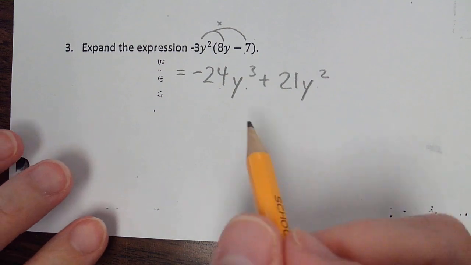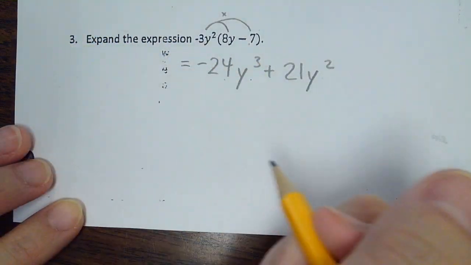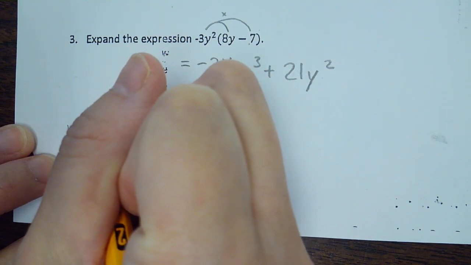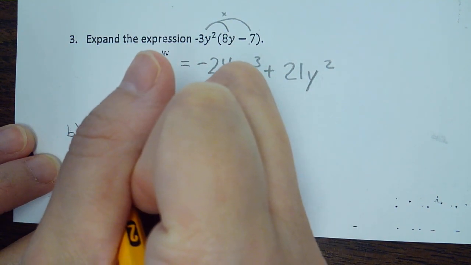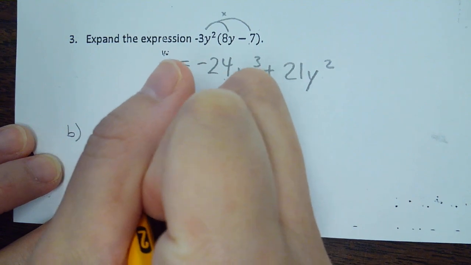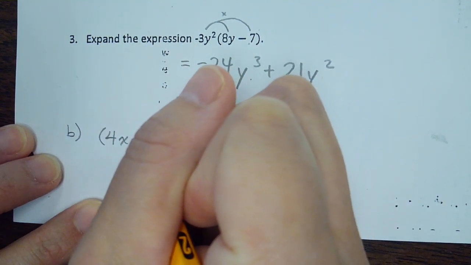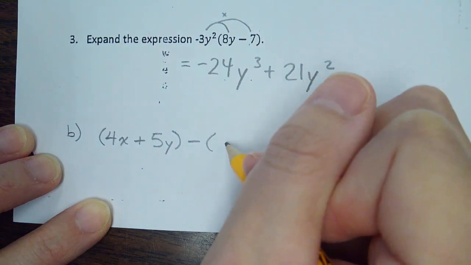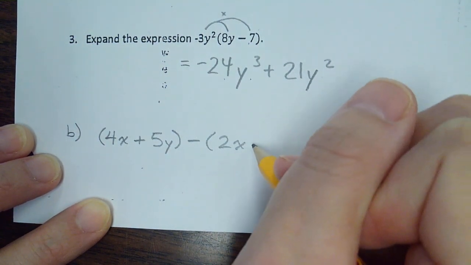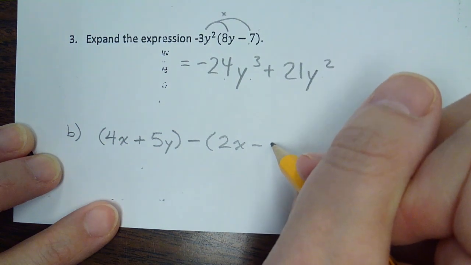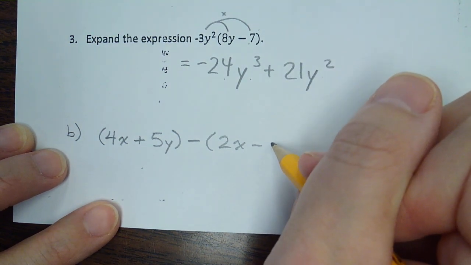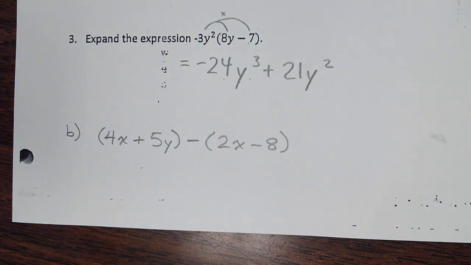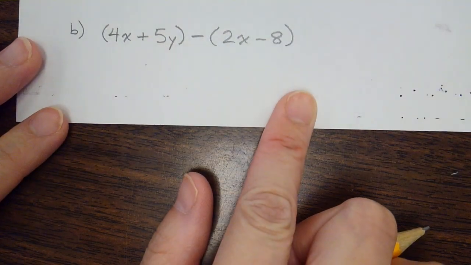Okay, let me add in one more on the bottom. One that we did yesterday. So for example, 4x plus 5y minus the bracket 2x minus 8, for example.